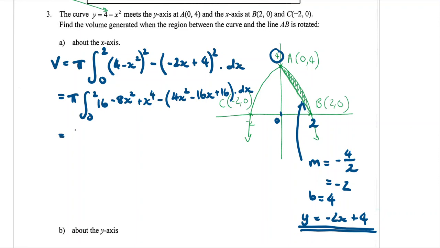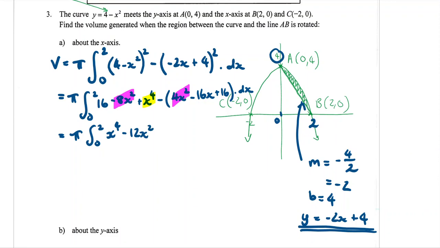Let's collect up some like terms. So I've got x to the power of 4. X to the power of 4 is my highest power, so let's start with that one. The next highest power that I have is the x squareds, which would be negative 8 there, and then I need to subtract 4 more, so that would be negative 12x squared.